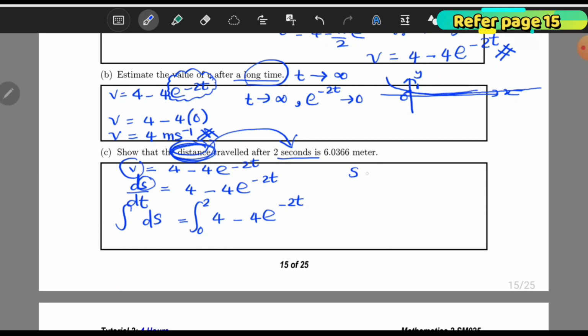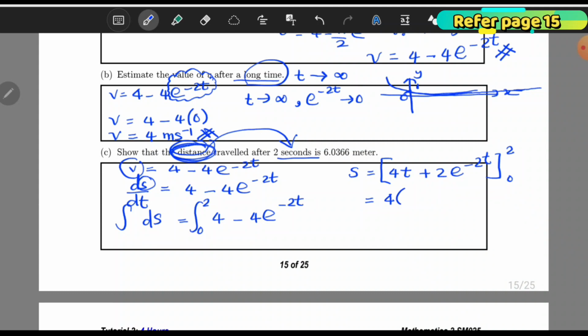So s equal to 4t, negative will be plus, divide, so plus 2 e to the negative 2t, from 0 until 2. And we substitute.